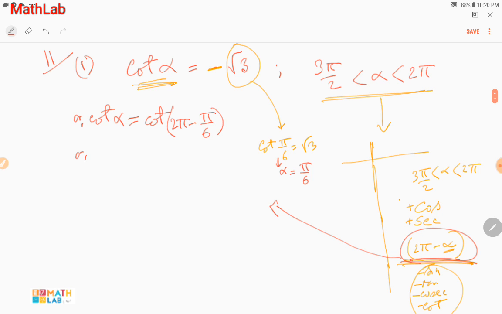Cot cancels, our result will be 2 pi minus pi by 6, or alpha equals 11 pi by 6. Okay, this is our answer.